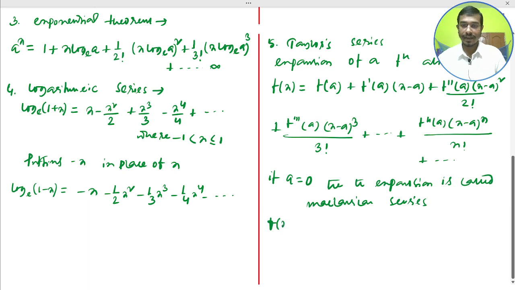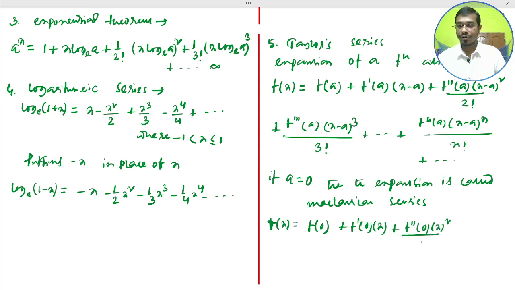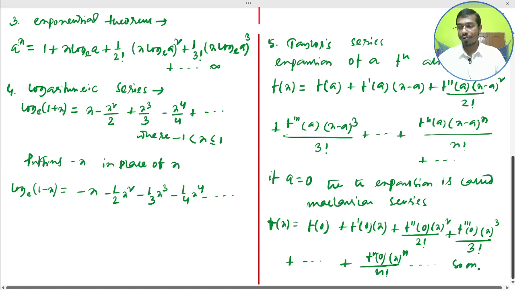This is defined as f(x) with a equal to 0, so f(0) plus f dash 0 into x, plus f double dash 0 x square by 2 factorial, plus f triple dash 0, put a equal to 0, x cube divided by 3 factorial, plus dot dot, plus the nth term f n 0 x to the power n divided by n factorial, dot dot dot and so on. Okay.